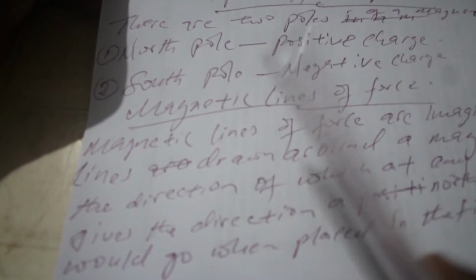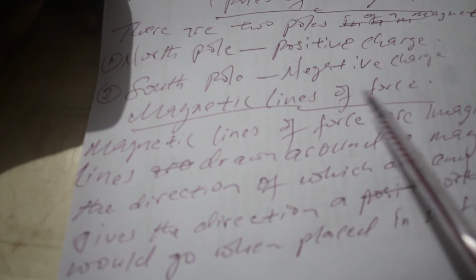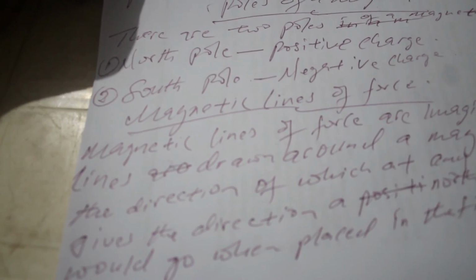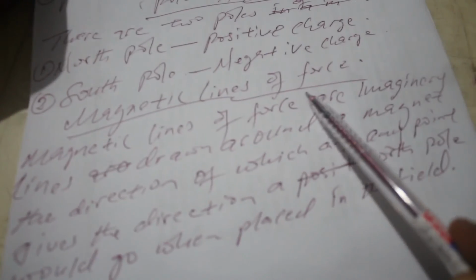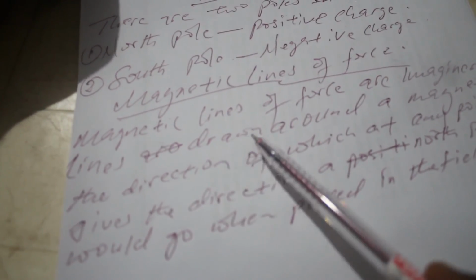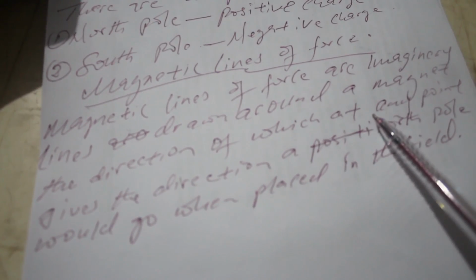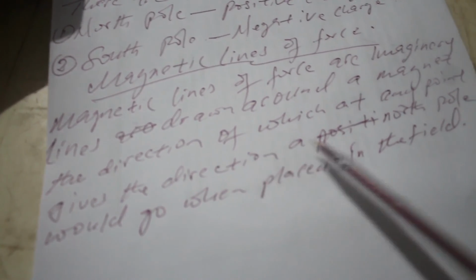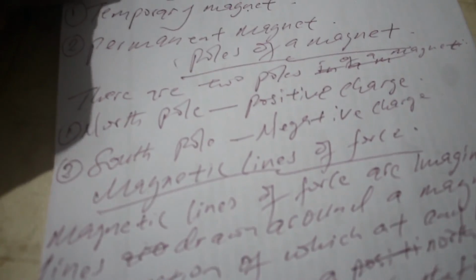So we talked about magnetic lines of force. What are magnetic lines of force? We said magnetic lines of force are imaginary lines drawn around the magnet, the direction of which at any point gives the direction a north pole would go when placed in that field.